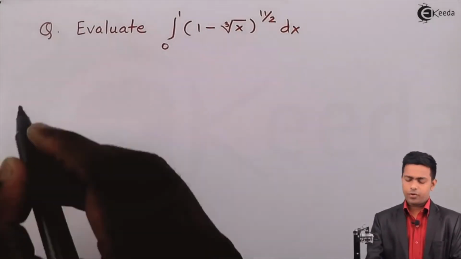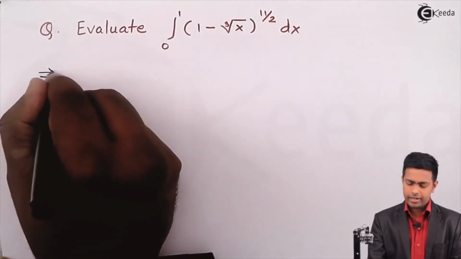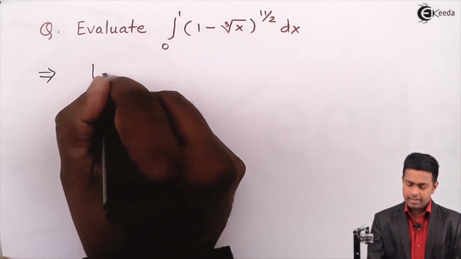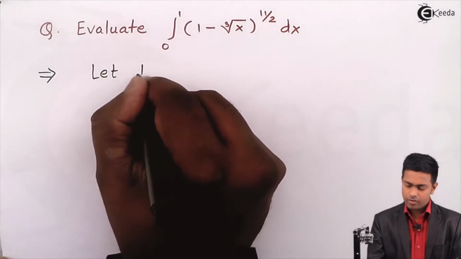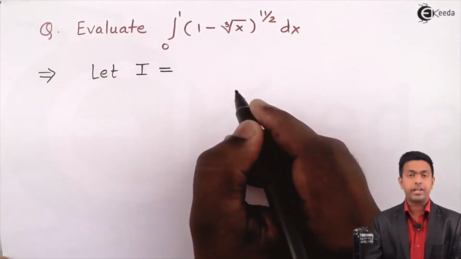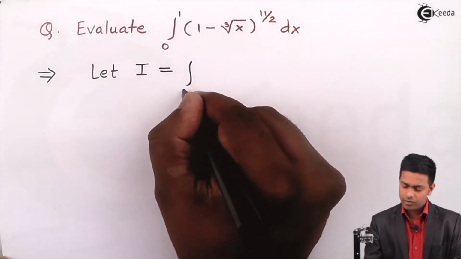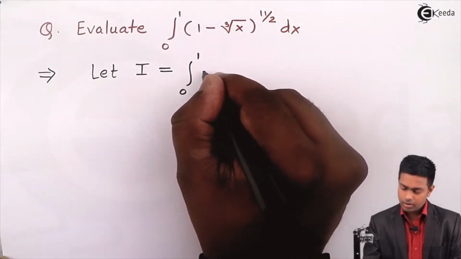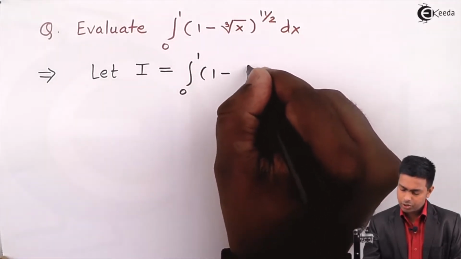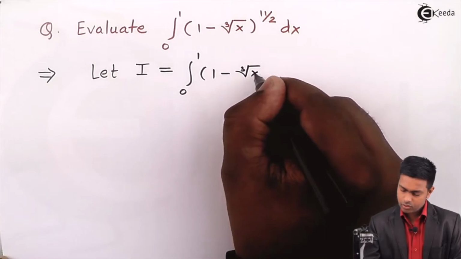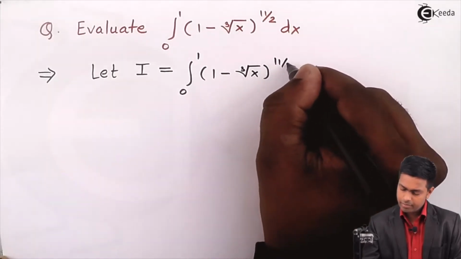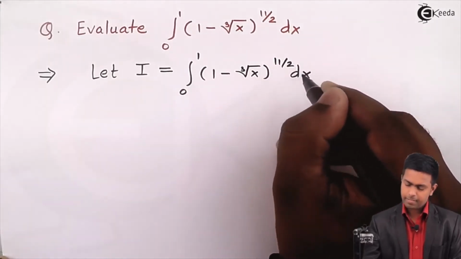So first of all, I'll consider this given integration as I, and then we will solve it. So I is equal to integration 0 to 1, bracket 1 minus cube root of x, whole raised to 11 by 2 dx.